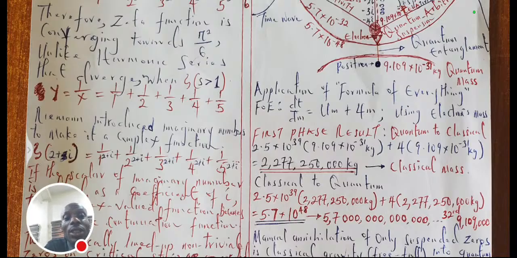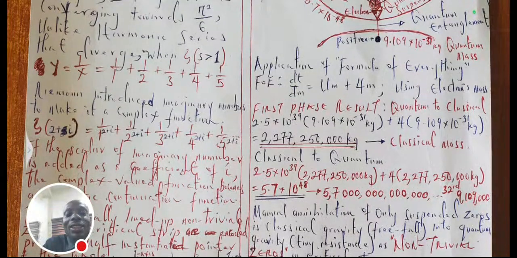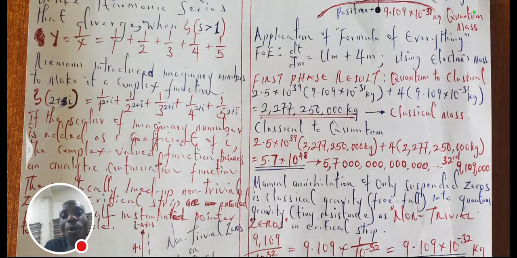It will actually diverge. So getting to realize that the zeta function can actually converge is something so profound. And so now let's see how all this can actually be proved further as we progress into the solution of Riemann hypothesis. Now, Riemann introduced imaginary numbers to make it a complex function.